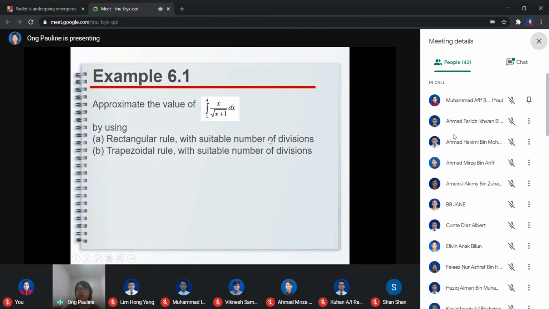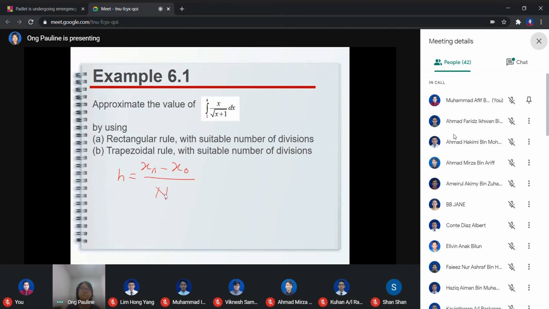Now let us determine the value of n ourselves. You know that n is needed when we want to calculate h, where h is given by Sn minus S0 over n.